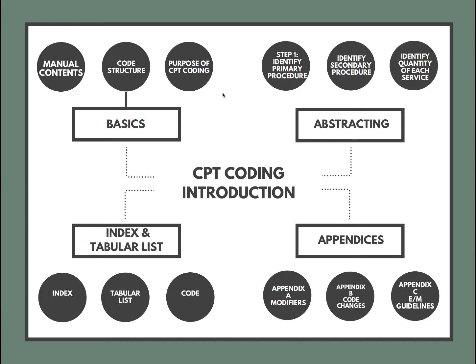If you've taken my PCS coding course, then you know that each digit in the code structure identifies a specific element of the procedure. That is not true with CPT codes. They are just 5 alphanumeric characters with no decimal points, and they are descriptions that report outpatient medical services and procedures.